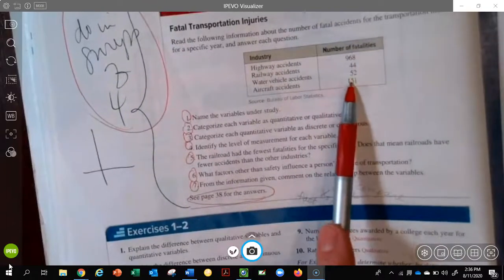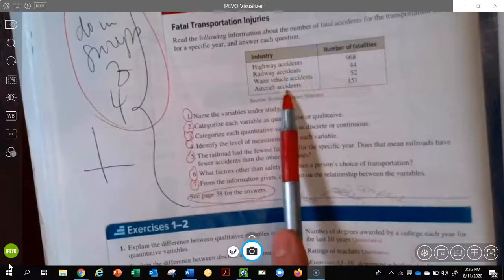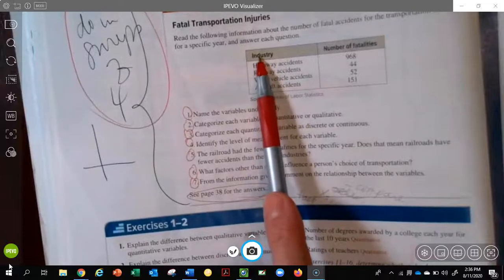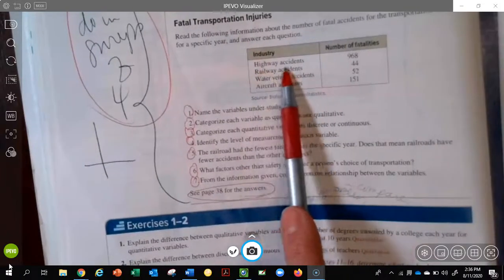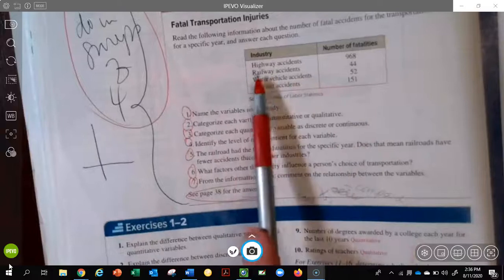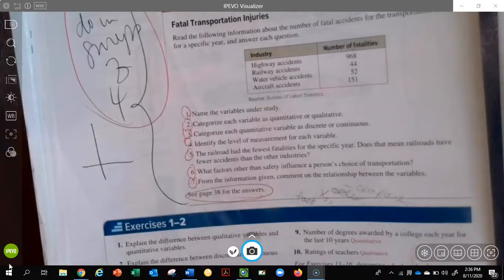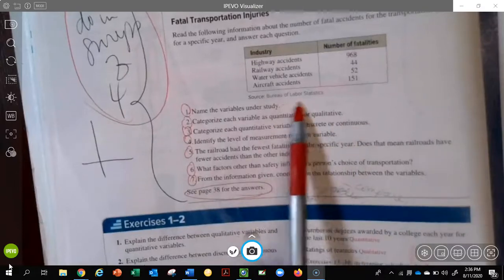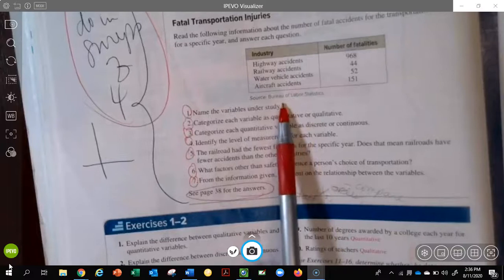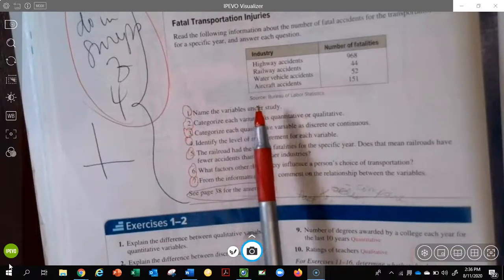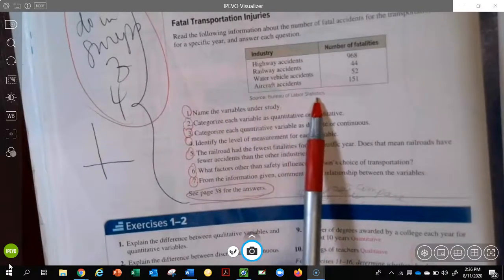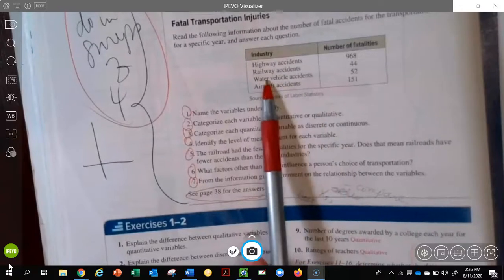You can restate these numbers and use these words. You can use words like the industry of highway accidents. I don't like that one, but highway accidents have a total of, and it doesn't tell us the year, and we could add more if we knew the year or more of the details of what was going on in the Bureau of Labor Statistics. We could even say, the Bureau of Labor Statistics reports that.